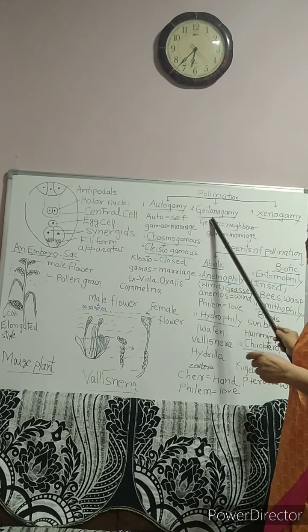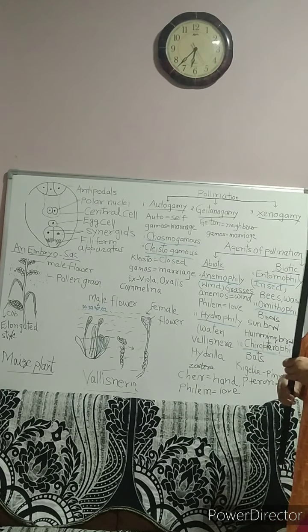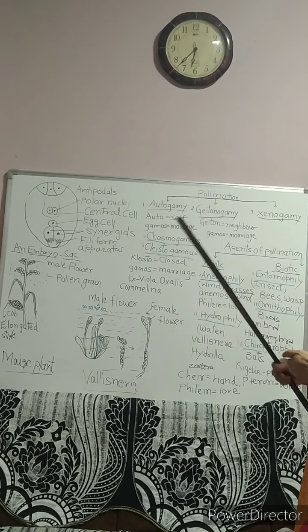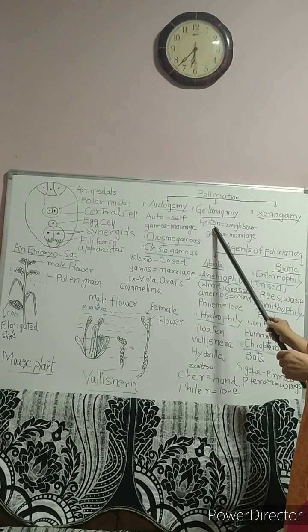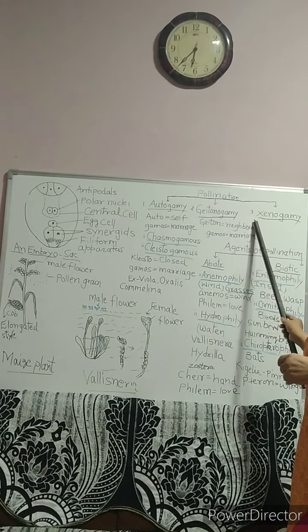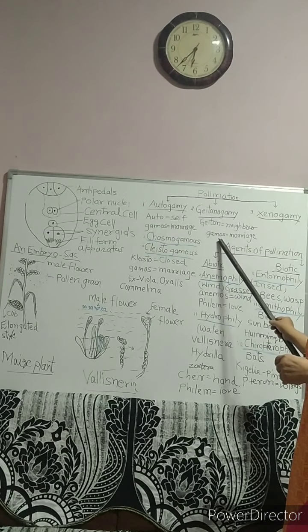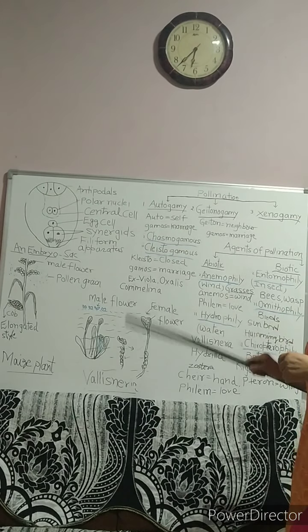The second type of pollination is called geitonogamy. Geiton is a Greek word meaning neighbor, and gamos means marriage.